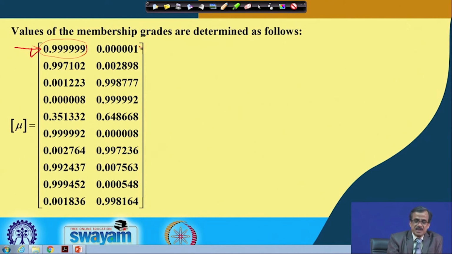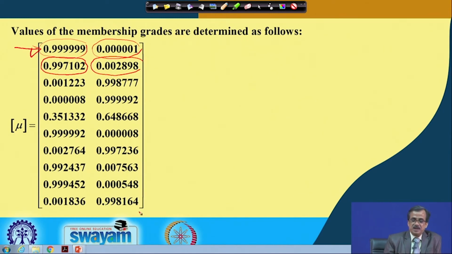It belongs to the second cluster with this much membership value. The sum of their values is equal to 1.0. Now, this shows the membership value of the second data point with the first cluster center, the membership value of the second data point with the second cluster, and so on.